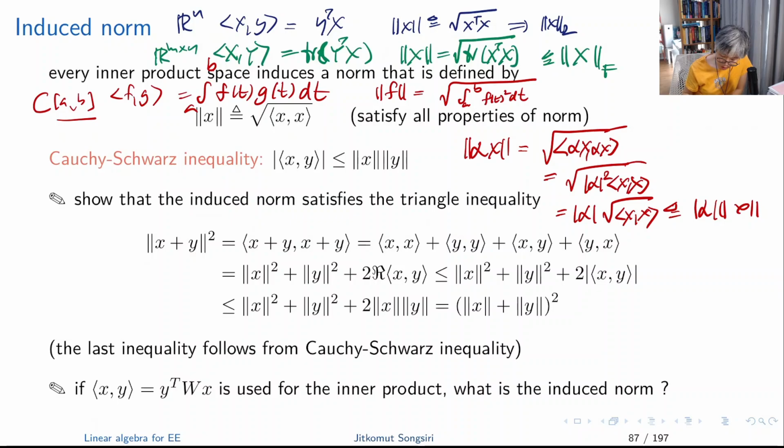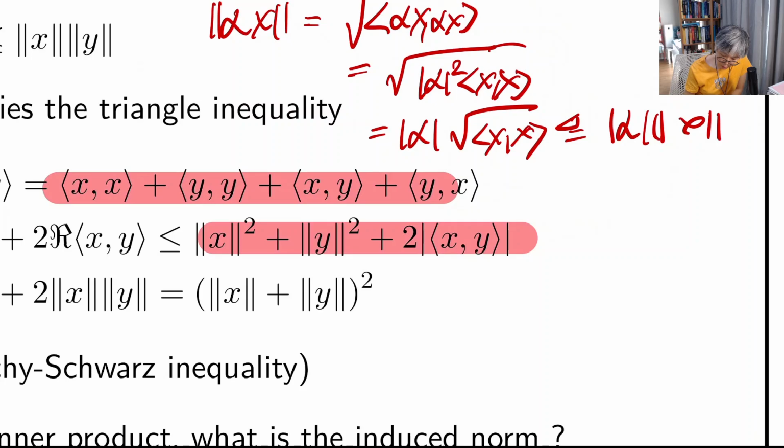Let me jump to this one right away. Because if the field of this inner product space is the real numbers, we know that these two terms are symmetric. They are equal, so I can get a factor of 2 here.